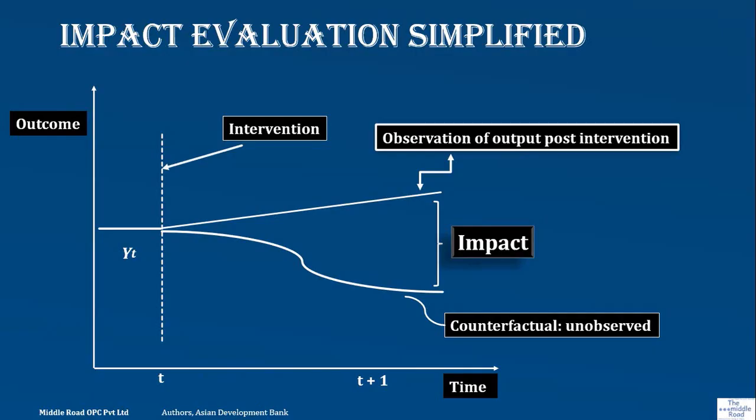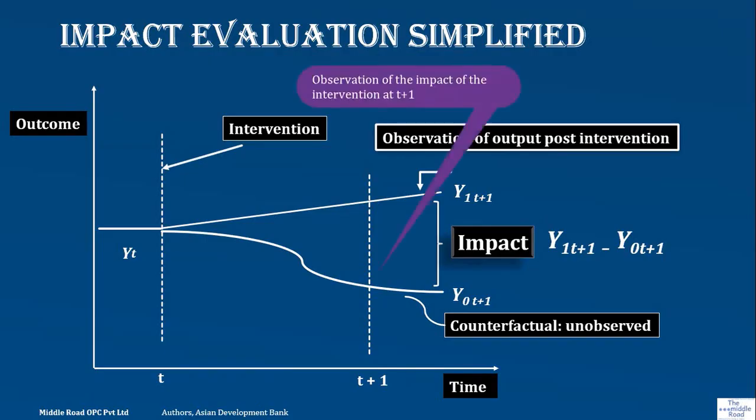T+1 is the time when you want to observe the impact. The output of the intervention is Y1 at T+1. If there was no intervention given, the output would be Y0 at T+1. Now, impact is the difference Y1 at T+1 minus Y0 at T+1, which is the effect compared to what would have happened if no intervention was given, known as the counterfactual.